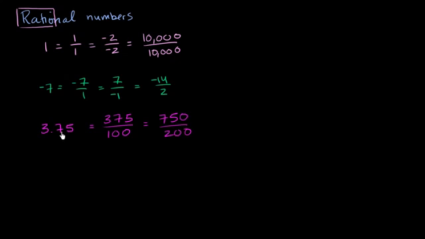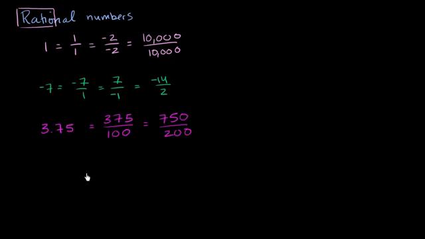Or you could say, hey, 3.75 is the same thing as 3 3/4. So let me write here, 3 3/4, which is the same thing as, that's 15 over 4. 4 times 3 is 12, plus 3 is 15.